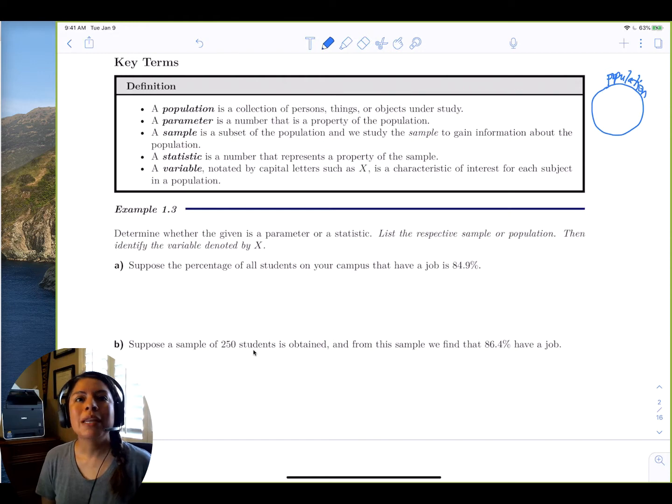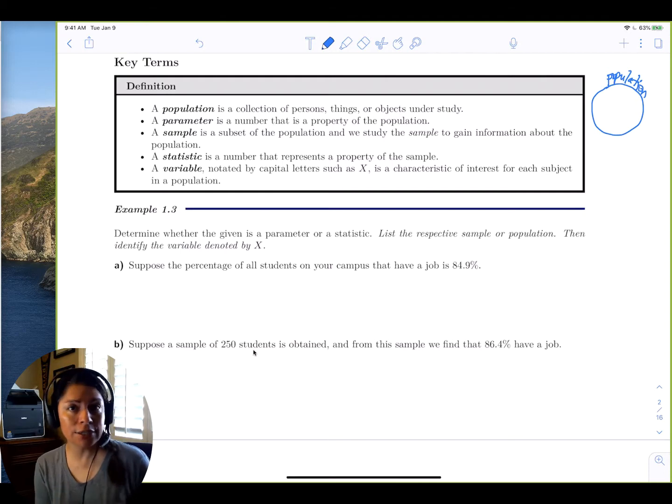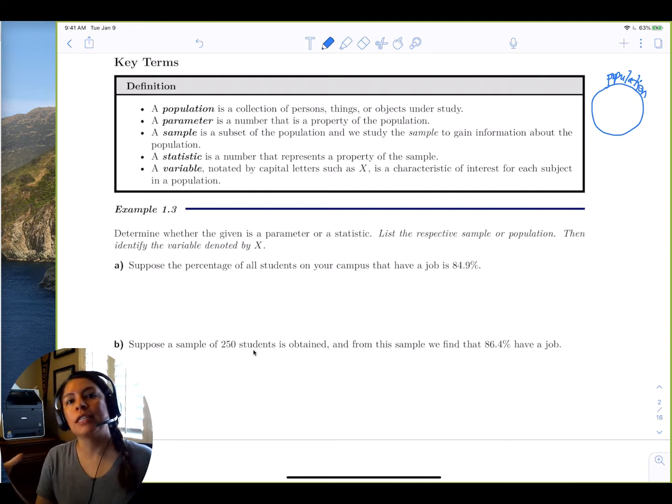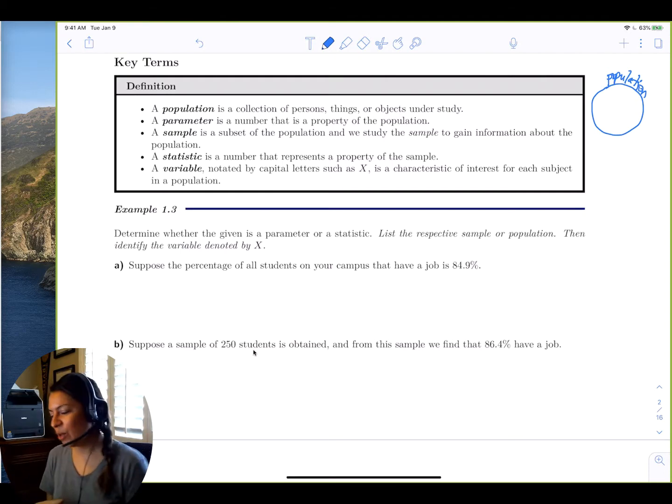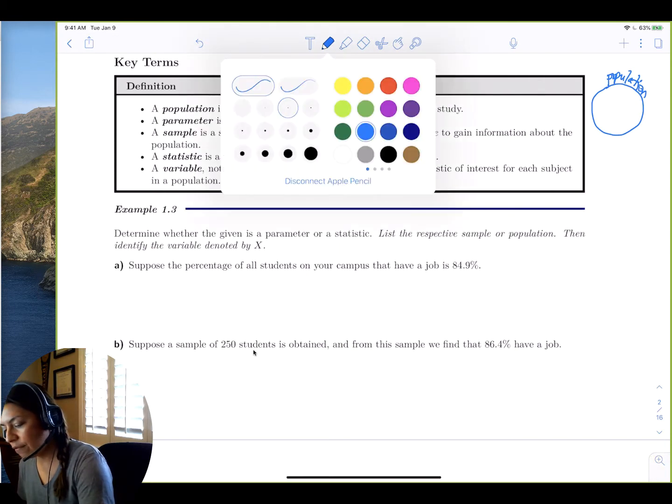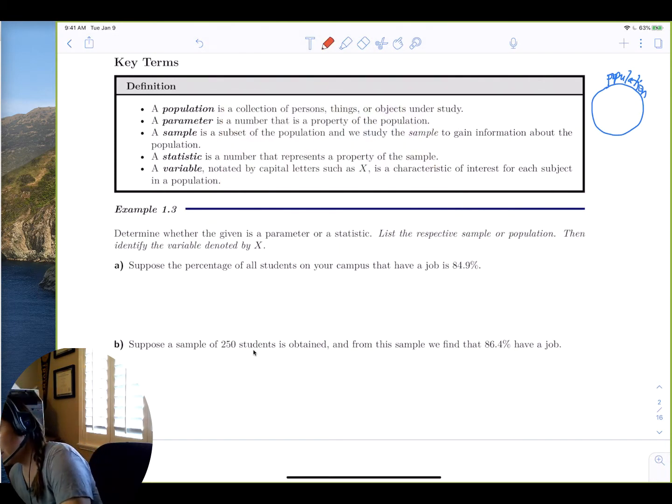So we need to somehow be able to collect a subset of the population and then use a sampling technique to survey those cats and then have good enough data and understand our data to make generalizations about cats. So the subset of the population, that's the sample.